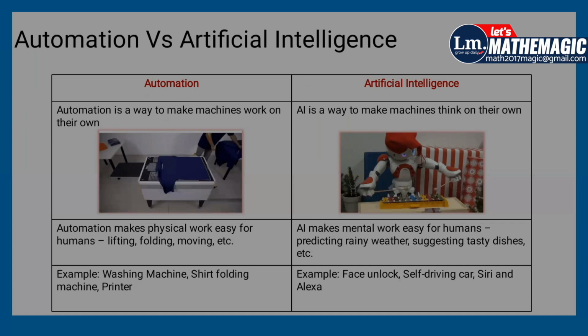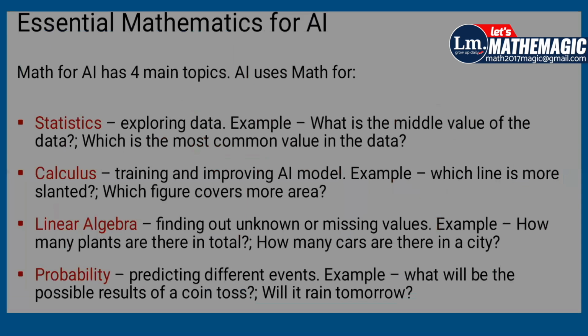Okay, the mathematical themes, or we can say sectors or domains or subdomains of mathematics, which are very important to learn AI. I am not going into detail. These are statistics, calculus, linear algebra, and probability.